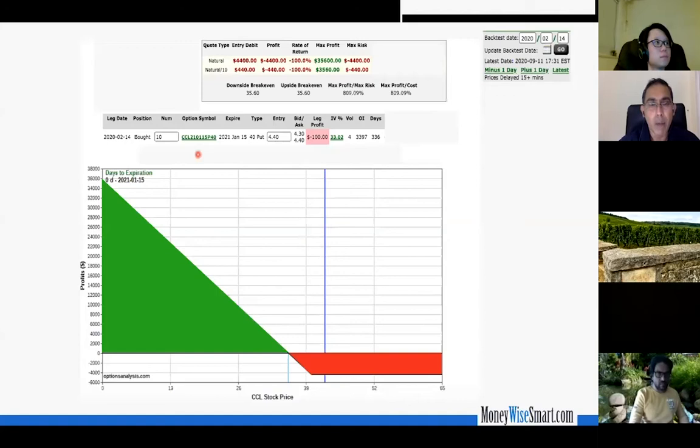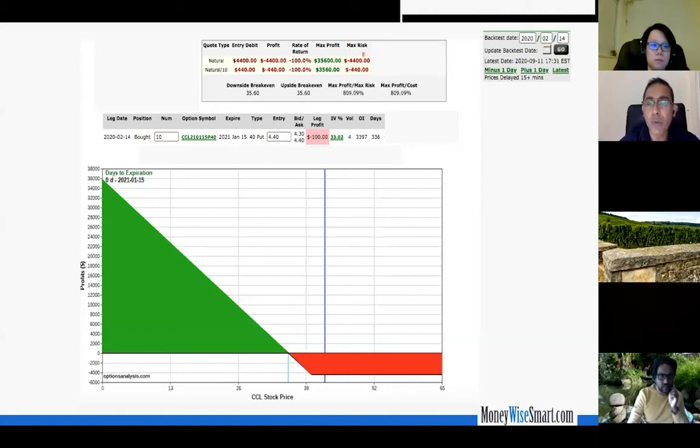Now, I decide to buy 10 contracts of this 40 strike put for $4.40, which means for 10 contracts, I spend $4.40 multiplied by 100, that is $440 per contract, multiplied by 10 contracts, which is $4,400.